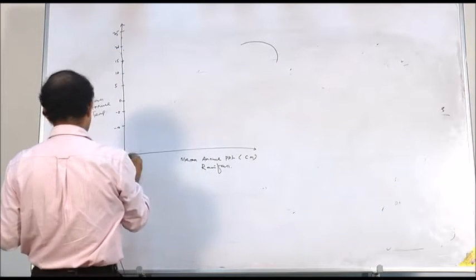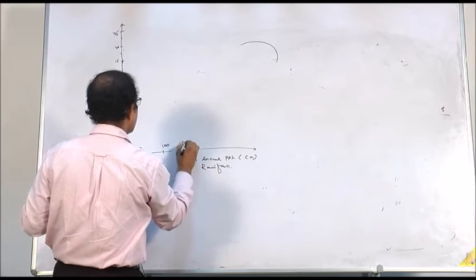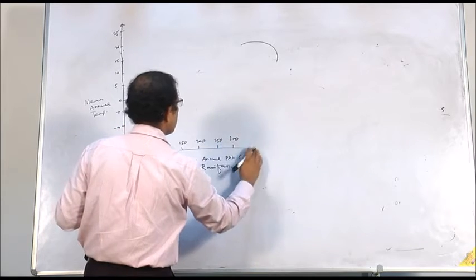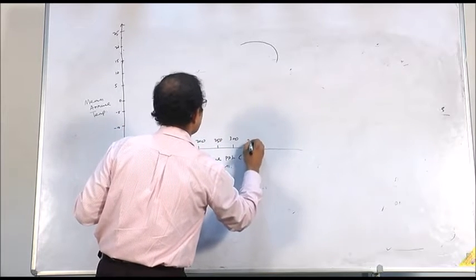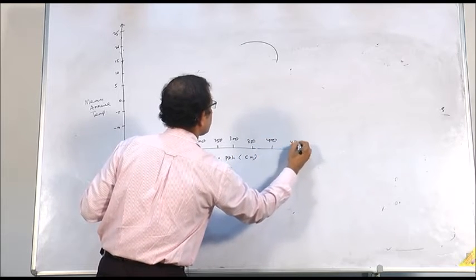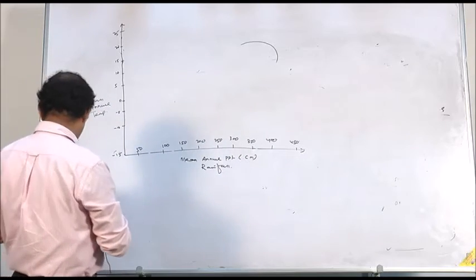Here similarly we can take the rainfall scale starting from 50, 100, 150, 200, 250, 300, 350, 400, 450.